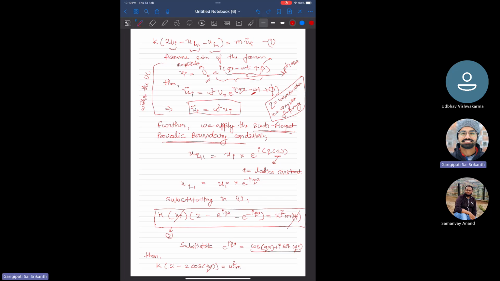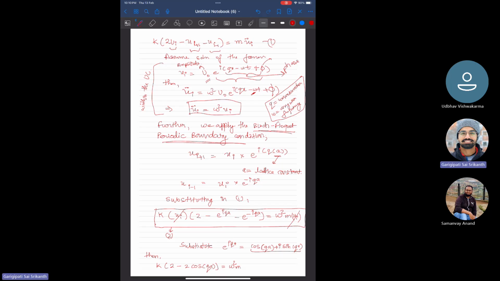And further, how do we connect adjacent unit cells is, if there is some wave propagating, then that wave will have some wavelength, and if there is a wavelength, there is an associated wave number.